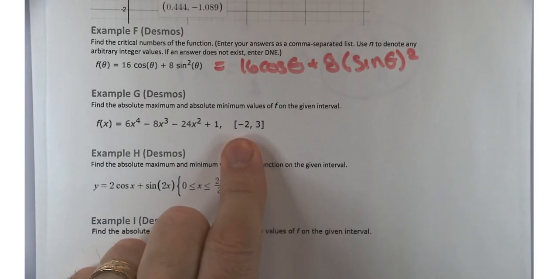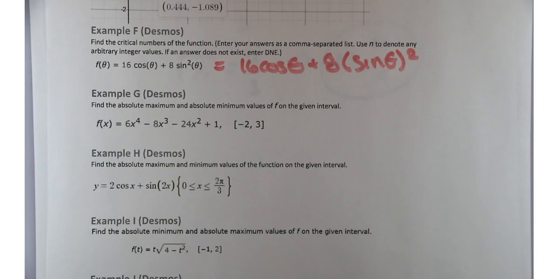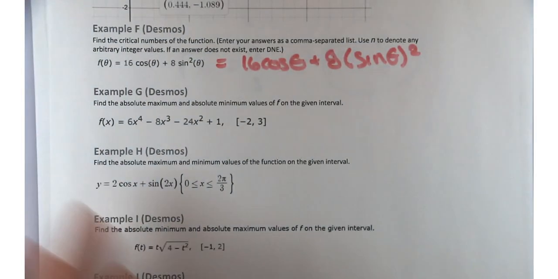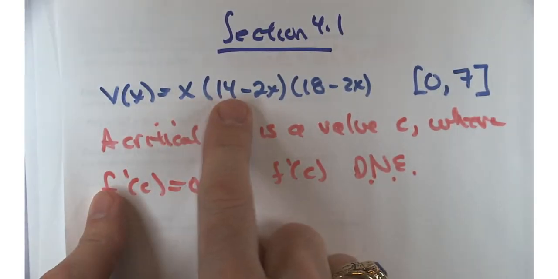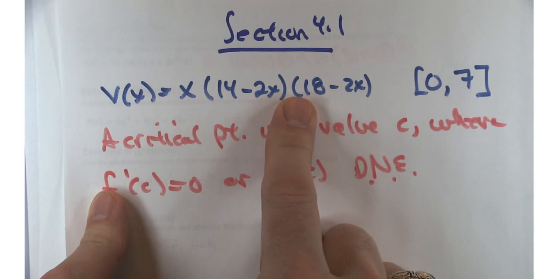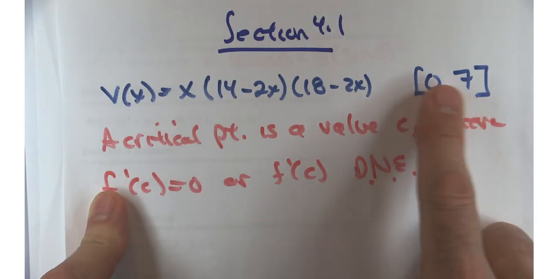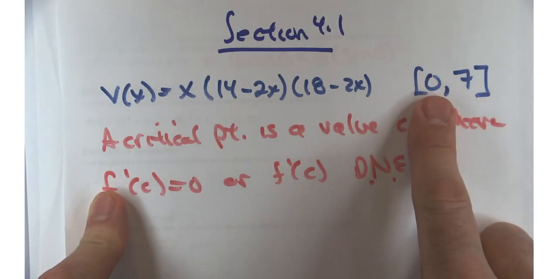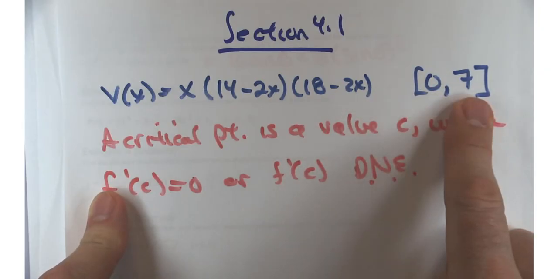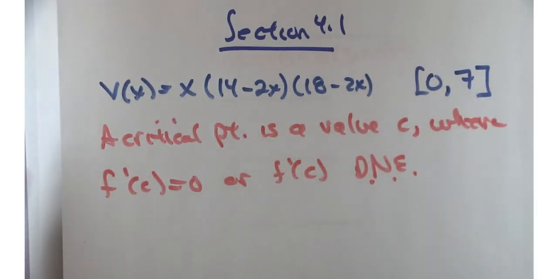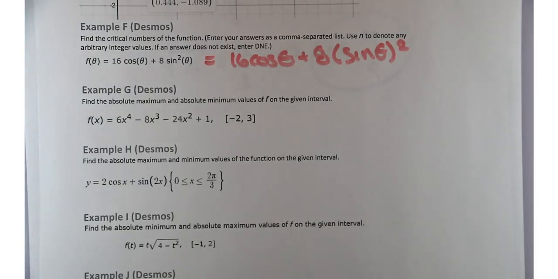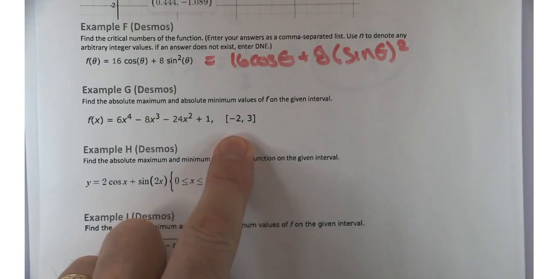Like our beginning example that we started this section with, when we're looking at that polynomial that told us the maximum value or the volume of our box, we don't care about the function beyond 0 to 7, because we can't really make a box if we don't cut out something, and the most we can cut out is 7. So really these should be parentheses, but I just use brackets because when you're evaluating these things, there are 2 sets of points you have to look at.